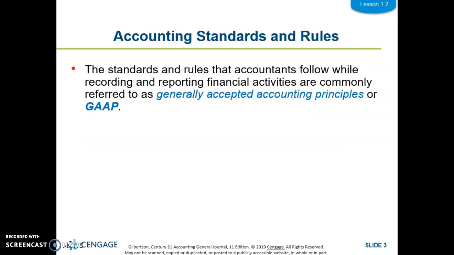The standards and rules that accountants follow while recording and reporting financial activities are commonly referred to as Generally Accepted Accounting Principles, or GAAP. GAAP helps ensure that all companies follow the same set of guidelines and practices when reporting financial data. Following GAAP principles and concepts ensures consistent reporting.